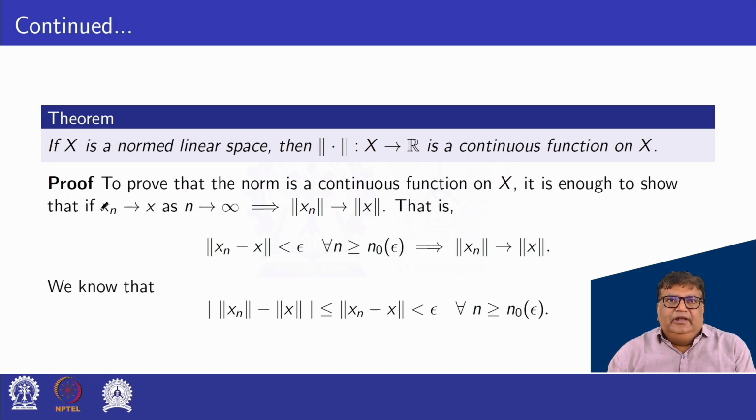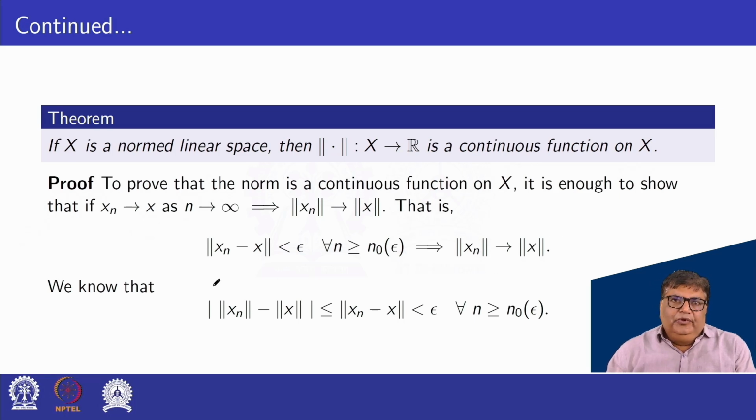Here xn converges to the point x, so we can write norm of xn minus x less than epsilon for all n greater than or equal to n0. Then we have to prove norm xn tends to norm x.